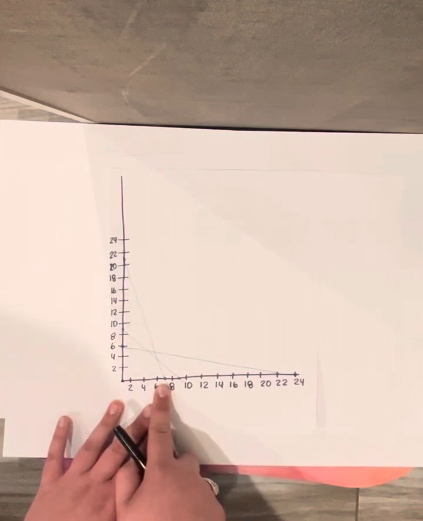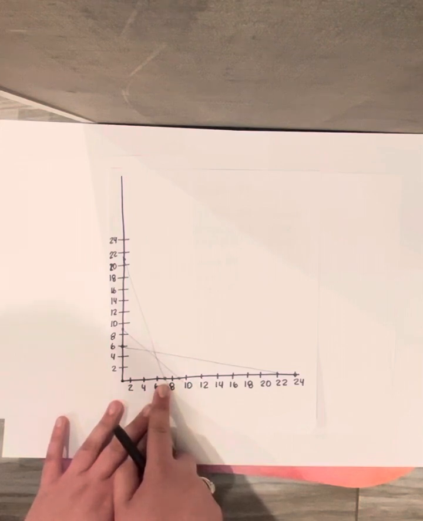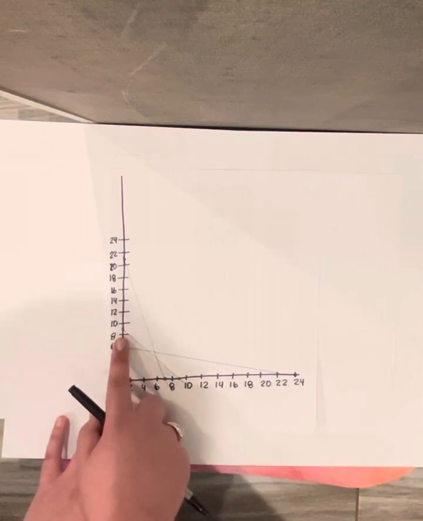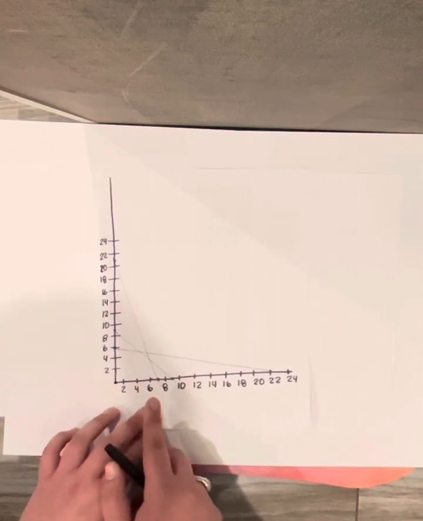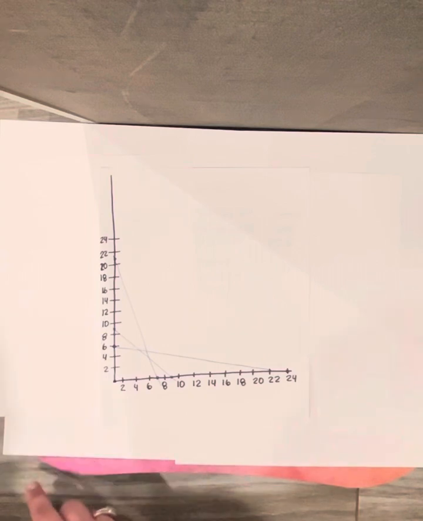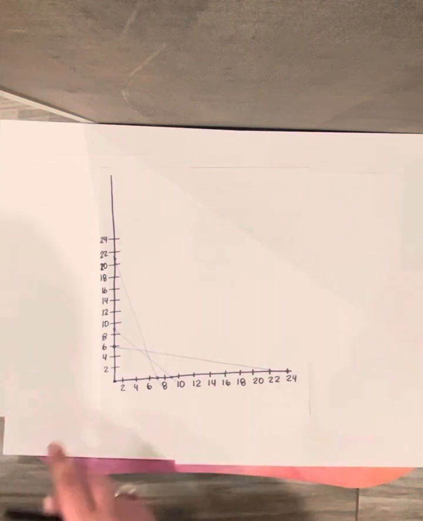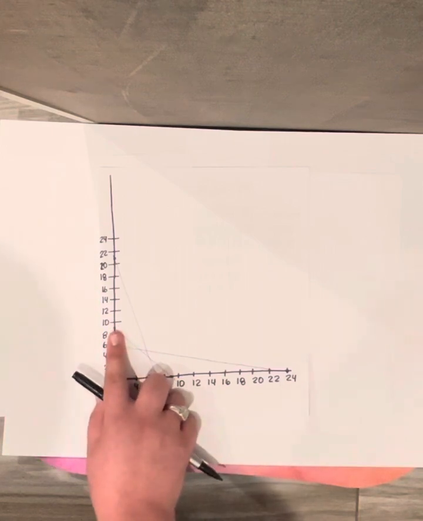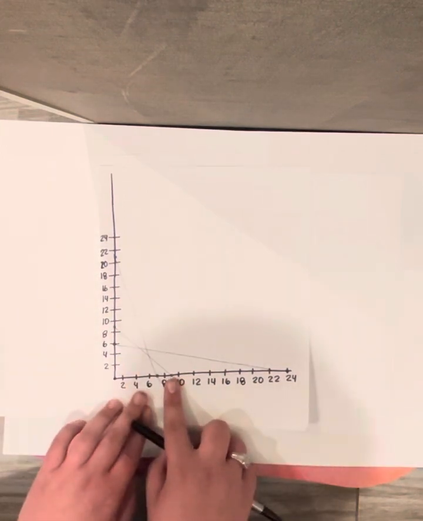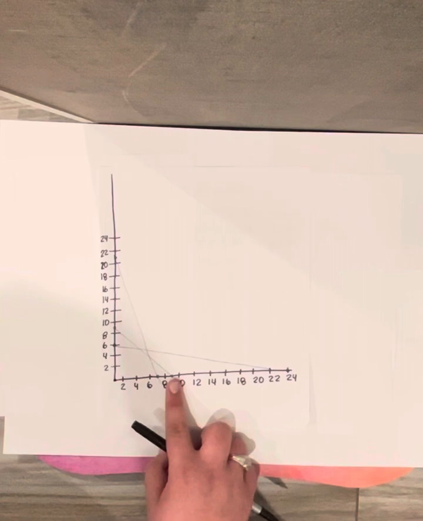Okay. My third equation, x plus y equals 9, passes through 9, 0, and 0, 9. So we have 0, 9 here, 9, 0 here, okay? All right.